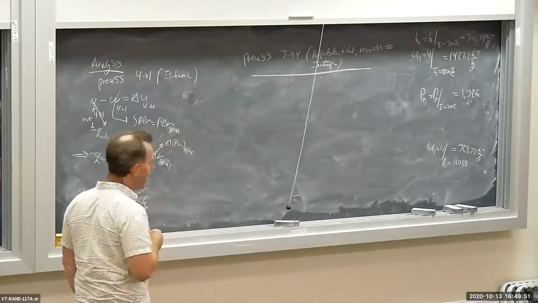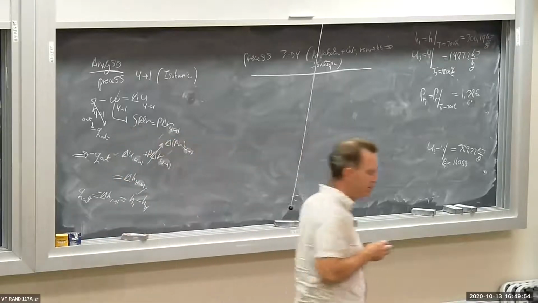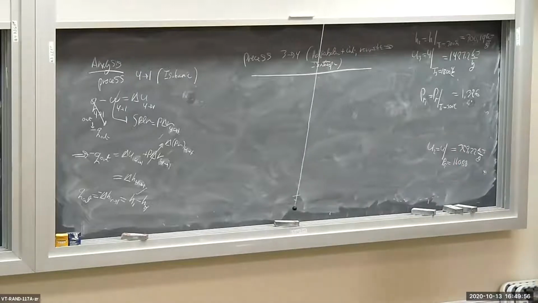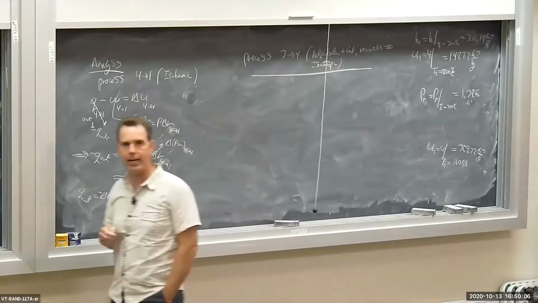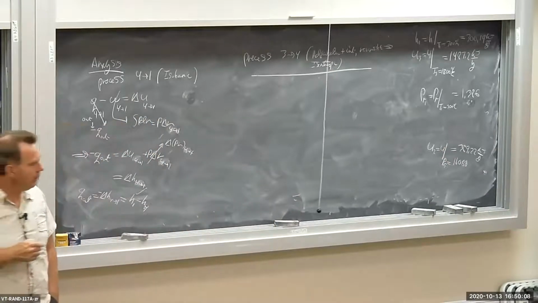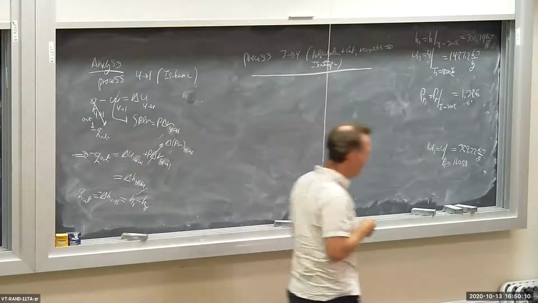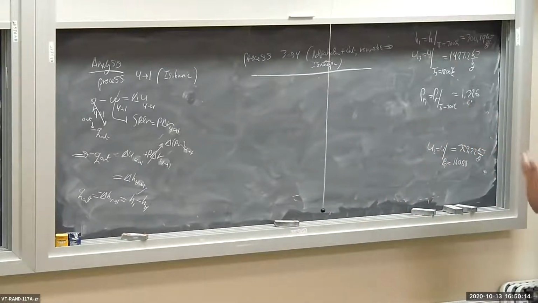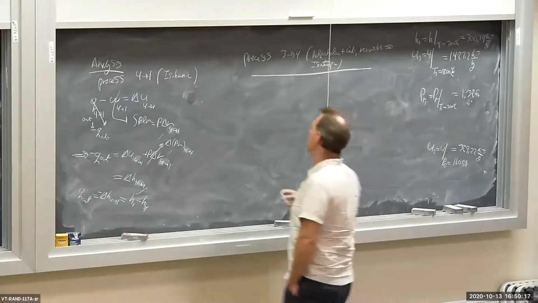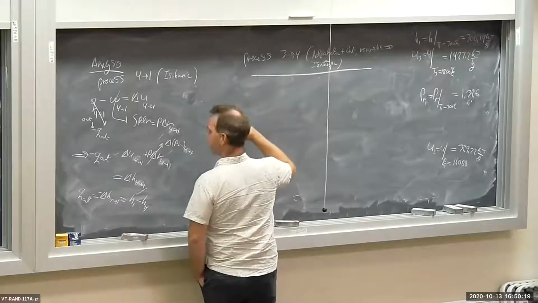Now, if I can get a reduced pressure at state 4, I can get H4. Okay? Now, how might I get a reduced pressure at state 4? Well, let's look at state 3 to 4.